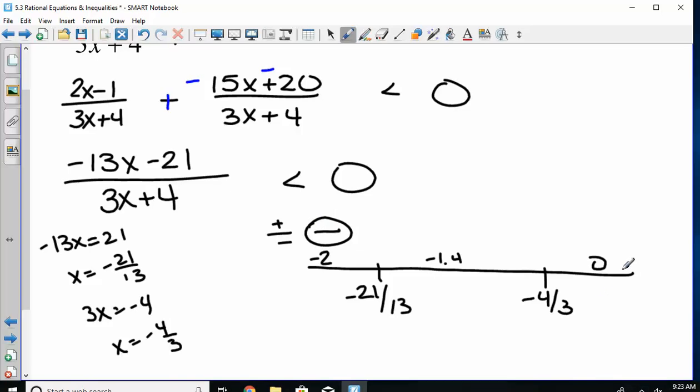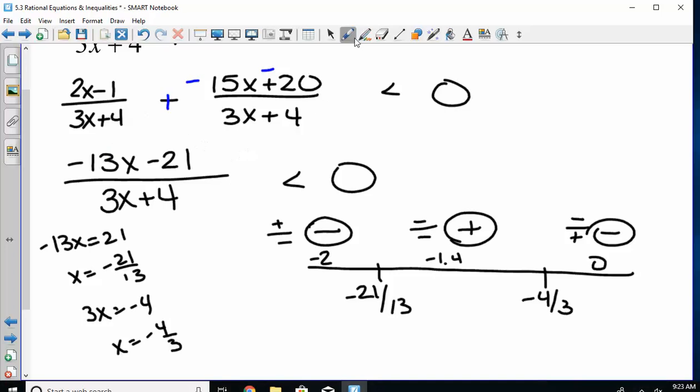If I put in a negative 1.4, I'm probably going to need to grab my calculator. If I put that in the top, I get a negative 2.8. If I put it in the bottom, I get a negative 0.2. Negative divided by negative is positive. If you do 0, you get negative 21 over positive 4, so that is negative. Does it matter when we put in our test points?